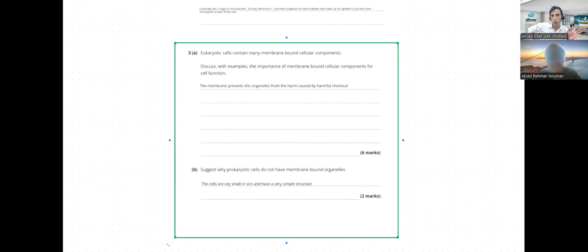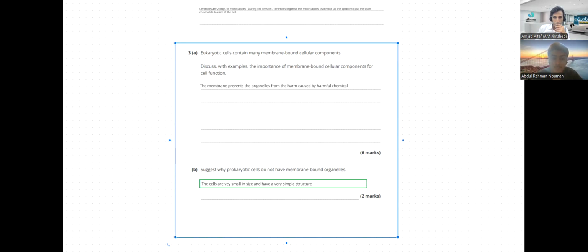However, in a prokaryotic cell, we don't need too much complexity because it's already a very simple cell. It's not involved in many functions. So the prokaryotic cells are much smaller and simpler, and compartmentalization is not necessary or important there, right?